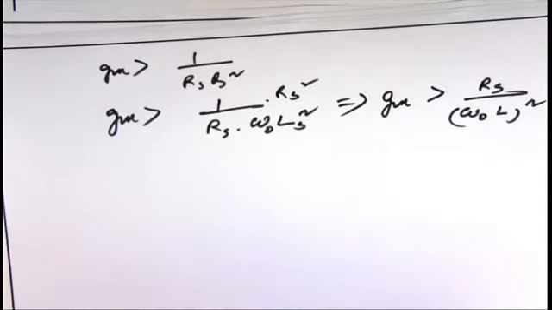And then the problem is that Q itself is dependent on the frequency. So it's an iterative process, not a standard normal process.